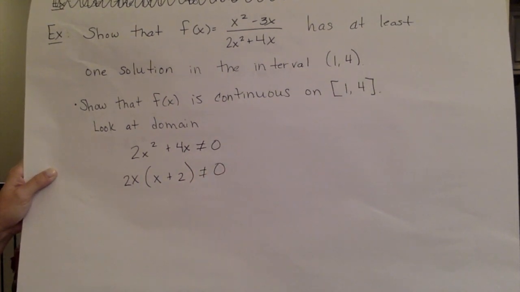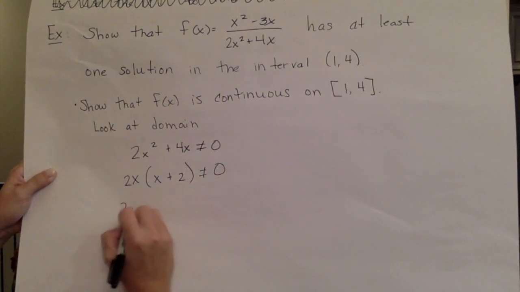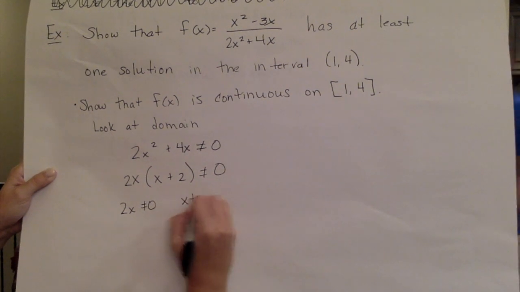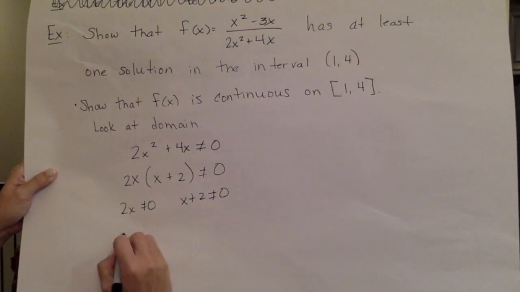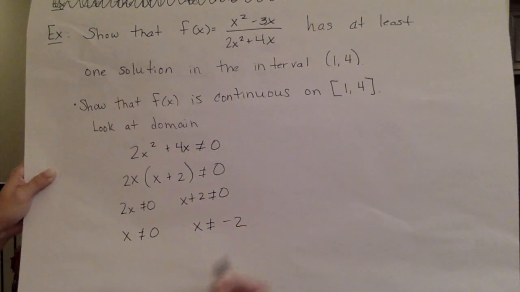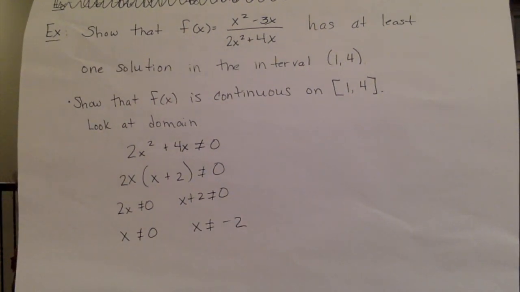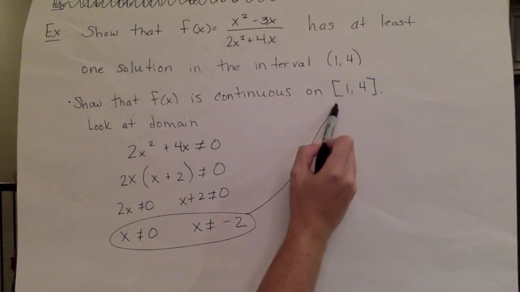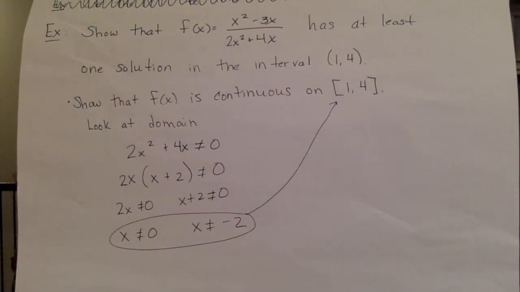Then 2x can't equal 0, and x plus 2 can't equal 0. So x can't equal 0, and also x can't equal negative 2. So we only have restrictions on our domain at 0 and at negative 2. Neither of these values lie within the interval that we're talking about. Therefore, this function is continuous on the interval from 1 to 4.